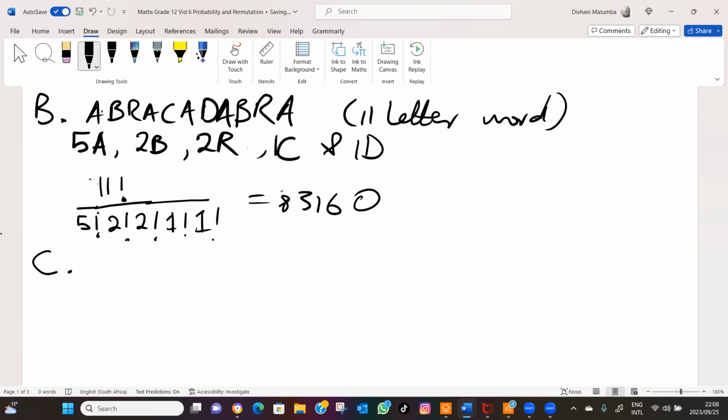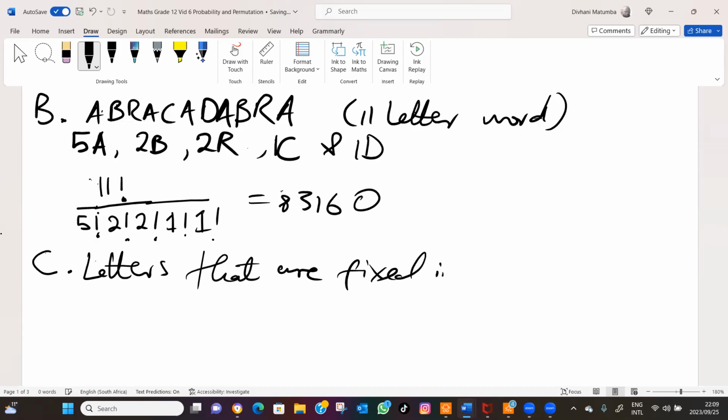Now, if we have a situation whereby we have letters that are fixed in position, then we have a different story.